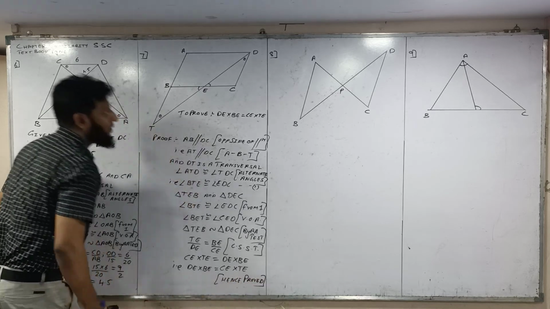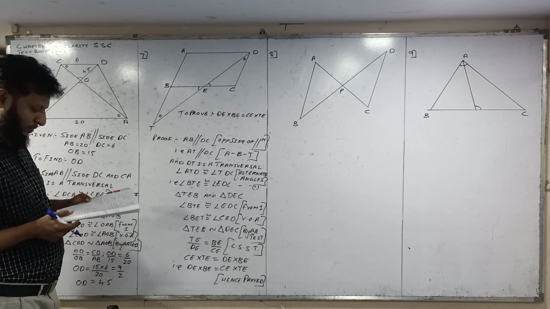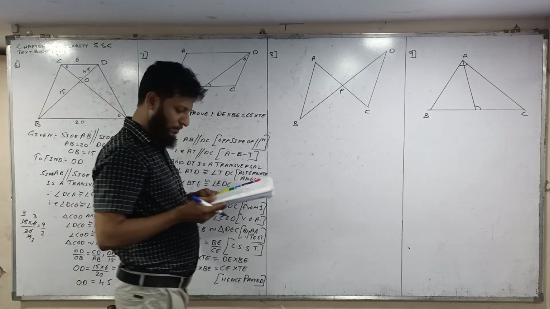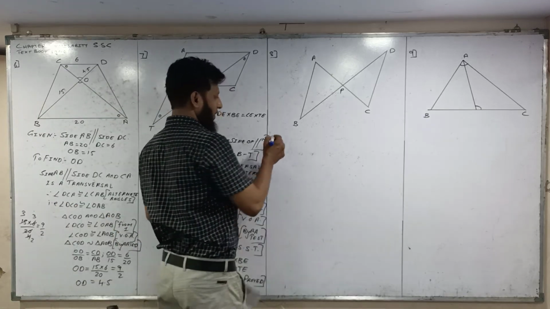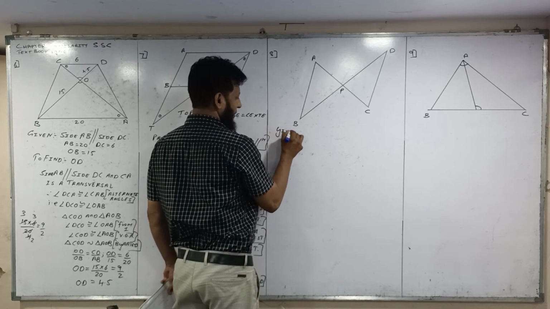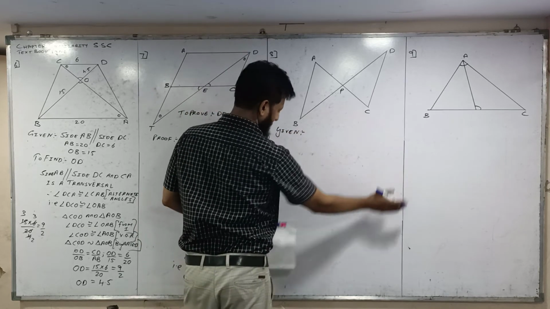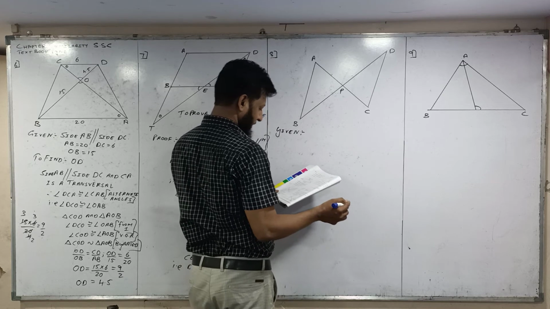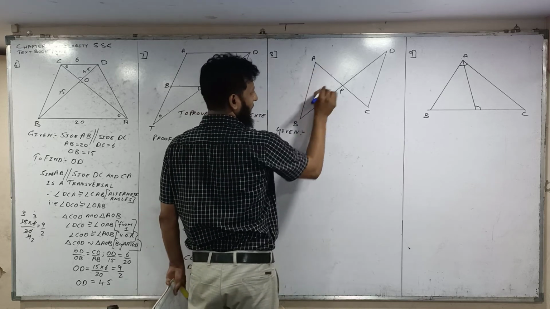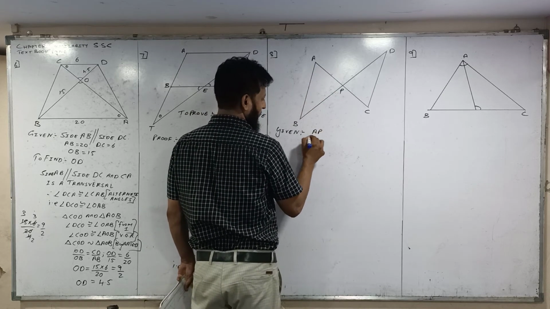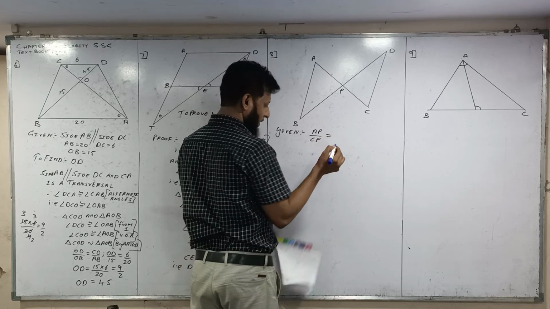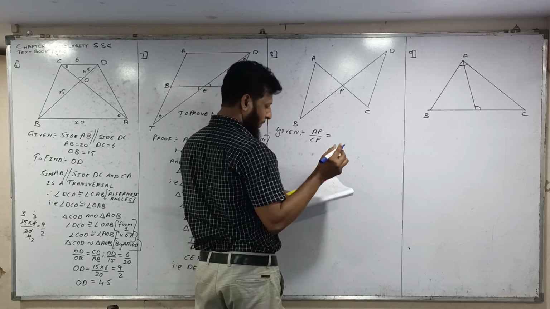So we have proved this 7th sum, and now the 8th sum. What is given? AP upon CP equal to BP upon DP.